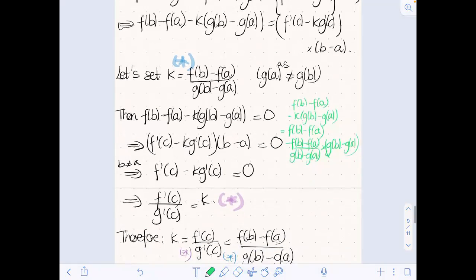So I replace by k, and then you can see that as g of b and g of a are different, they're not equal to 0, you can simplify by them, and you get f of b minus f of a minus f of b minus f of a, that's equal to 0. Okay, thank you. You're welcome.